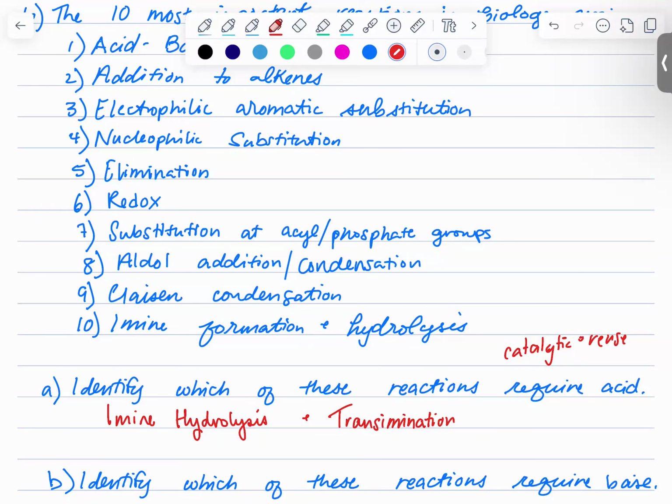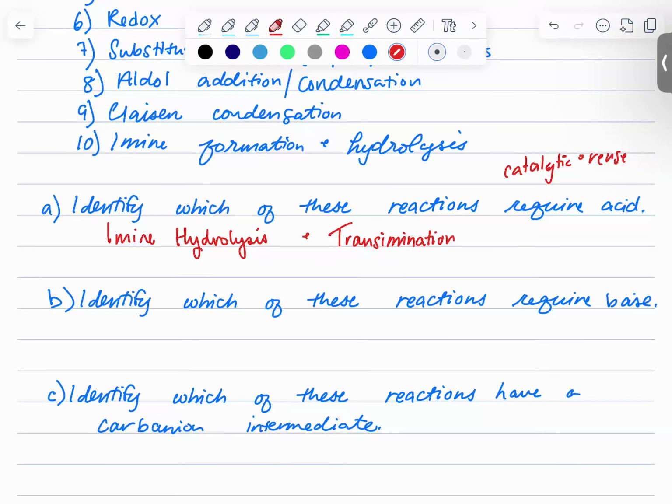So the reason why I haven't listed acid-base chemistry in this requires acid is because you won't end with an acid. You'll instead end with the conjugate base of your acid, or you'll end with a new acid. Are there questions on this?